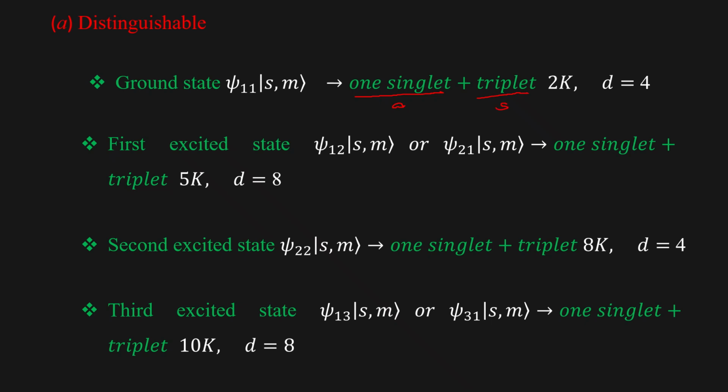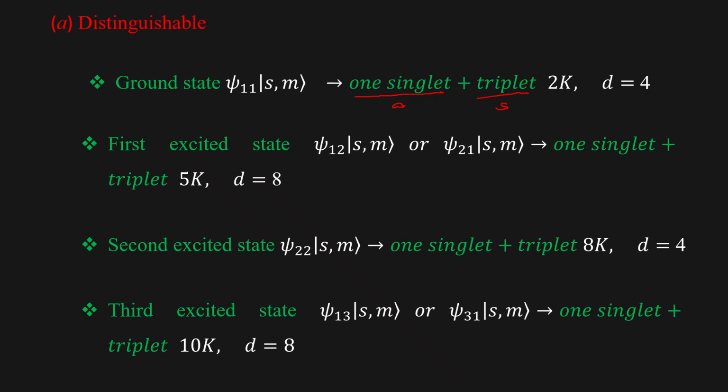So the spatial wave function must be the opposite. For the singlet state, the spatial part is symmetric, so that the total product will be anti-symmetric. For the triplet, the spatial wave function must be anti-symmetric, since the triplet state we have seen is symmetric.